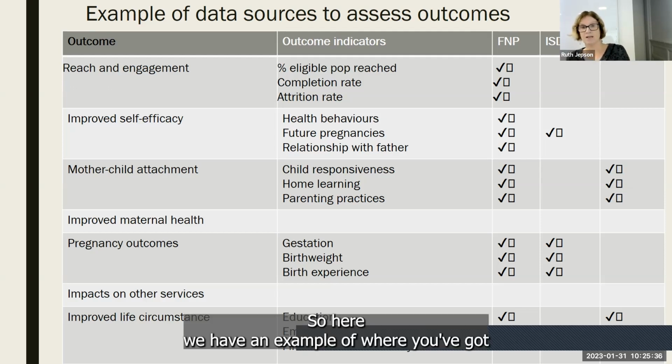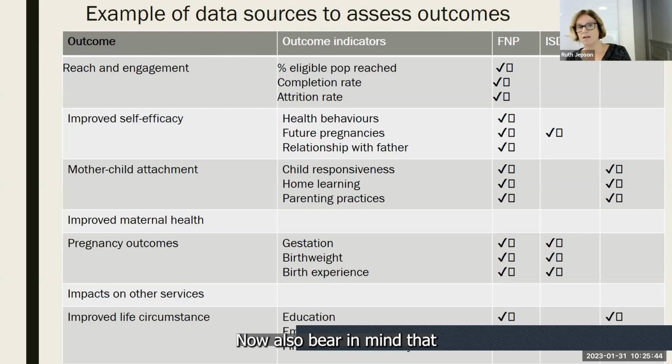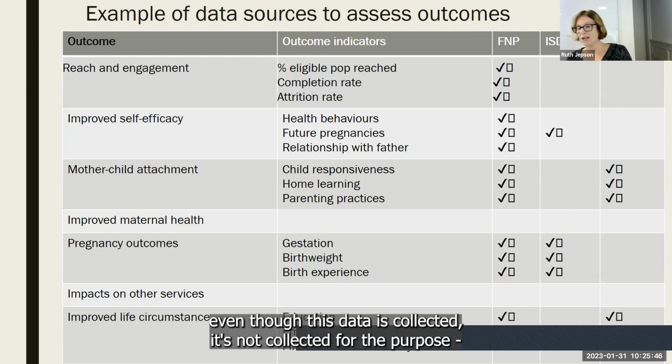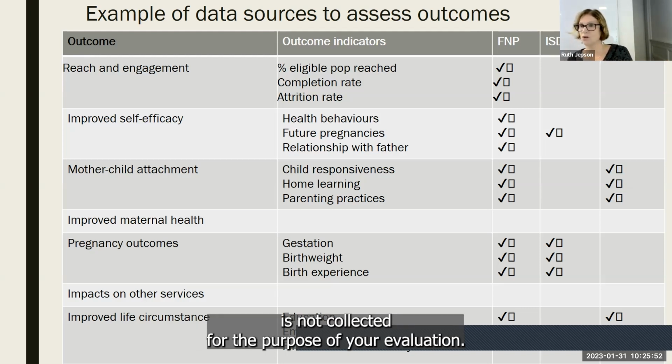So here we have an example of where you've got data already being collected and where no data is collected at all. Now also bear in mind that even though this data is collected, apart from the FMP, the ISD and the Growing Up in Scotland data is not collected for the purpose of your evaluation.